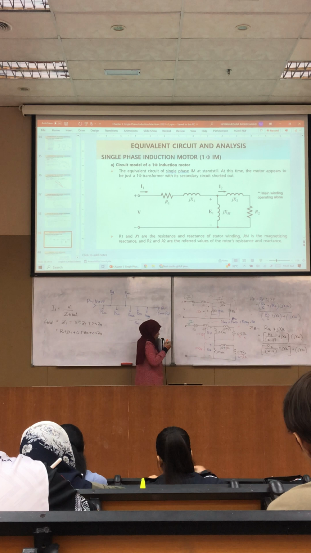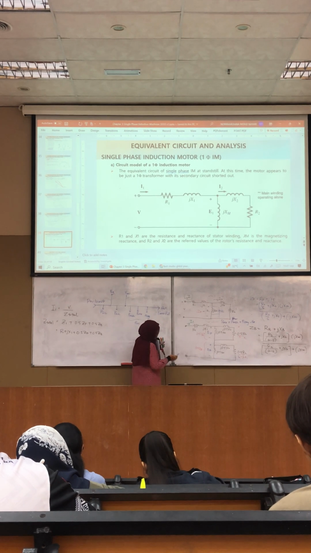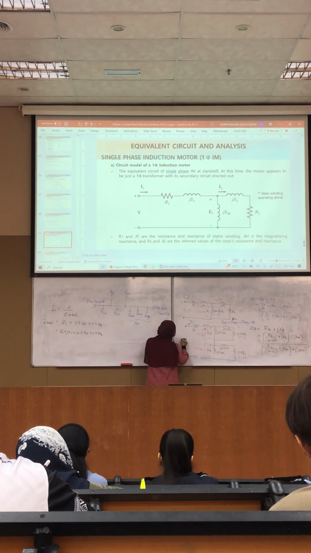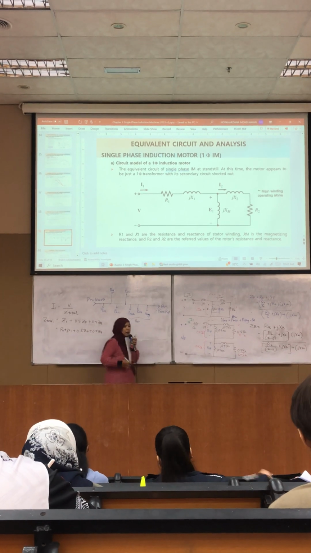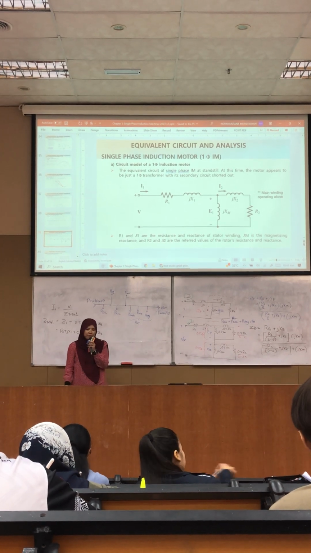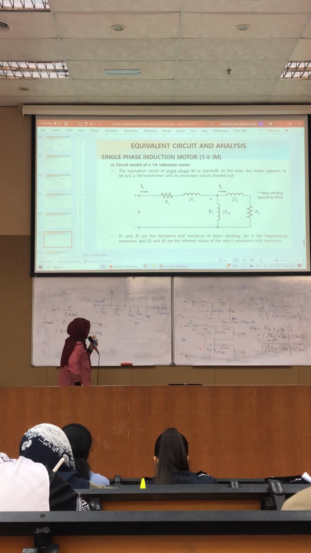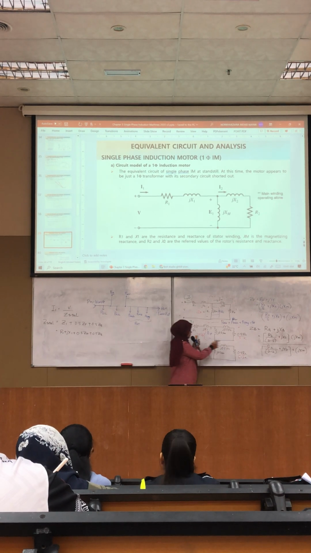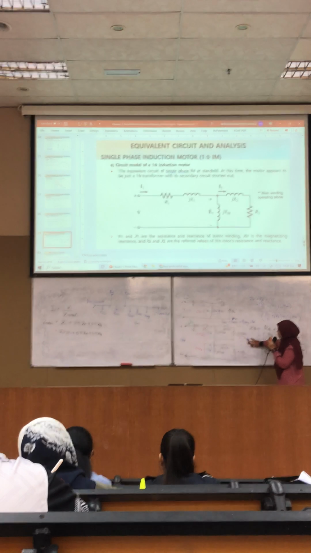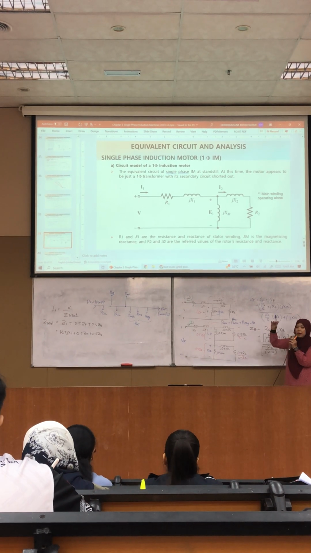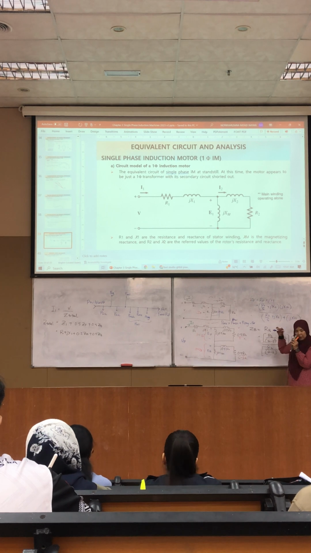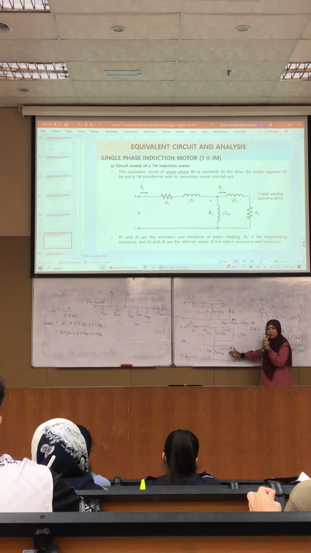So to find the I1, usually you will be given the V phase value. However, for this one phase induction motor, we divided the circuit into two, because of the behavior of the winding. So dia ada forward dengan backward.